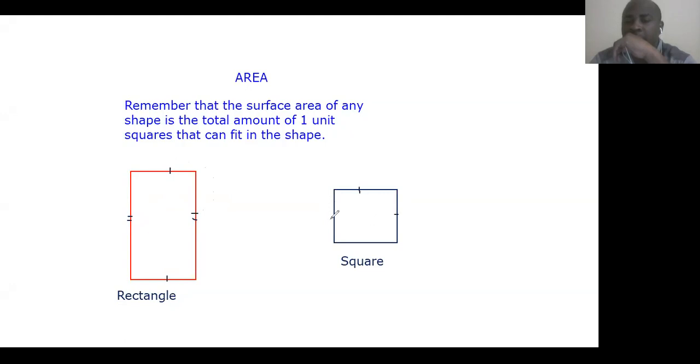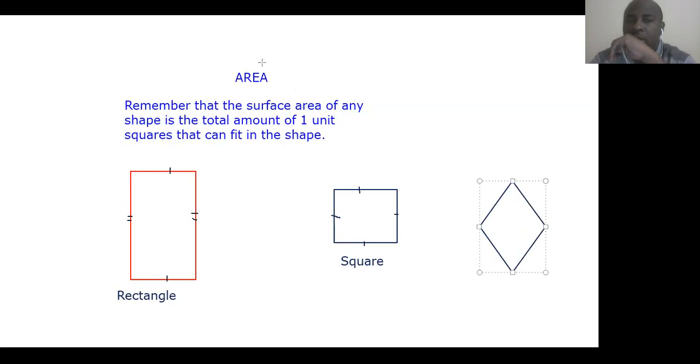So what we're going to look at is how we determine the area, both conceptually and procedurally, for three shapes.